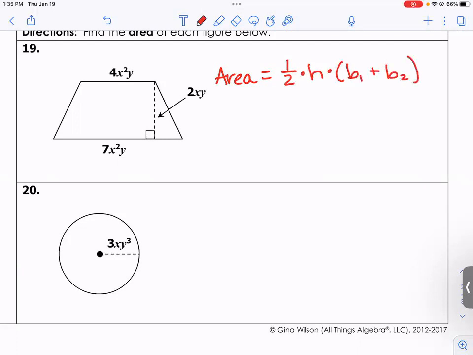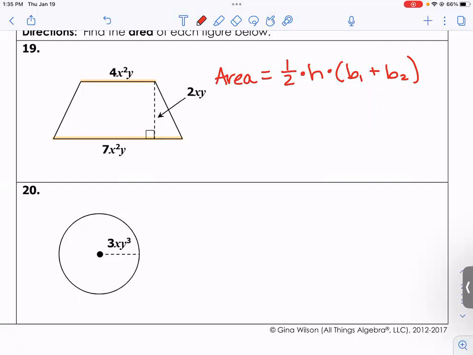Write it down. I was close. Half times height times B1 plus B2. And when I talk about B1 plus B2, I'm talking about base 1 and base 2. Those are the parallel sides. And then our height is the distance between the two.